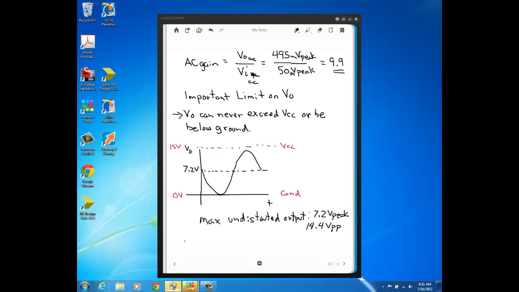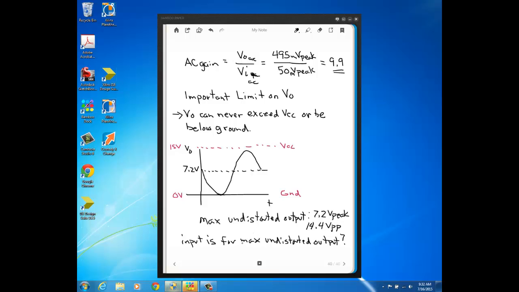And then there's figuring out what the input is for the max undistorted output. Once you know what the maximum undistorted output is, you often want to know what input voltage corresponds to that maximum undistorted output.